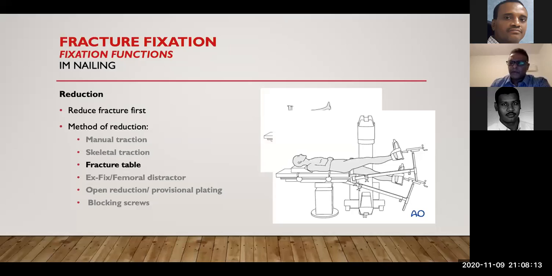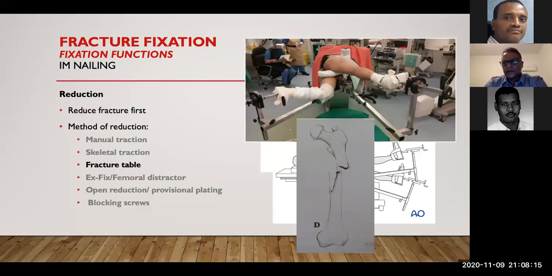In some types of femoral fracture, especially proximal femoral fracture, where your abductor is working and your iliopsoas is working, this deformity is very difficult to reduce. However, if you use your traction table in the lateral position, this will become one of the easiest operations you do. So you have to understand your traction table and how it can help you in reducing your fracture.